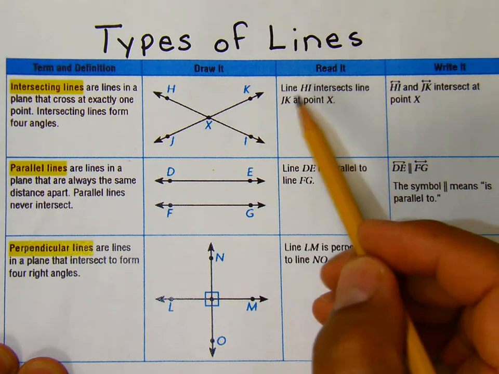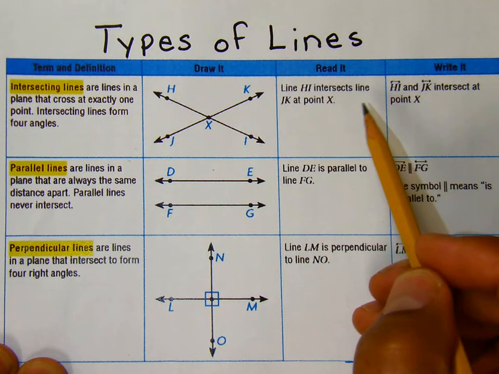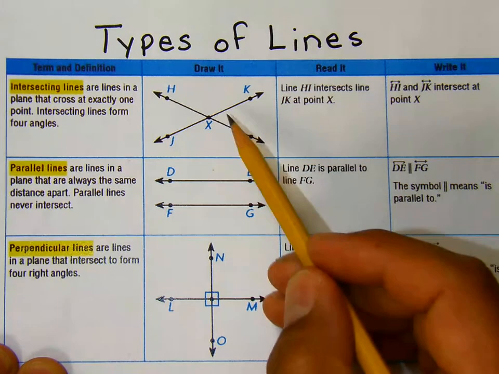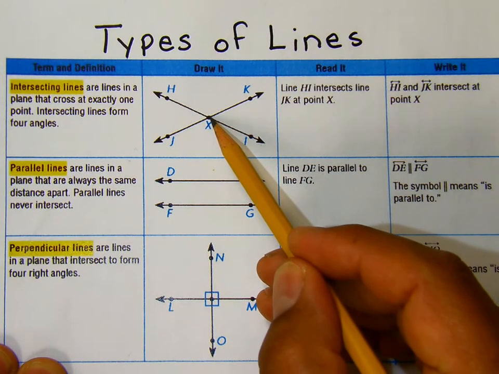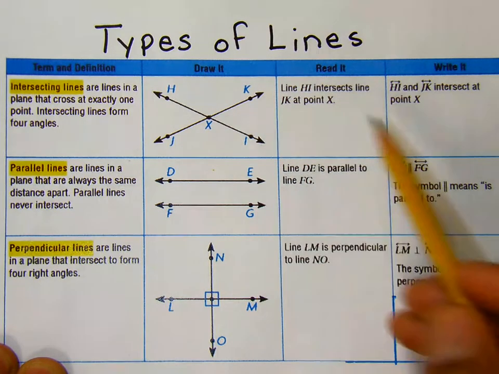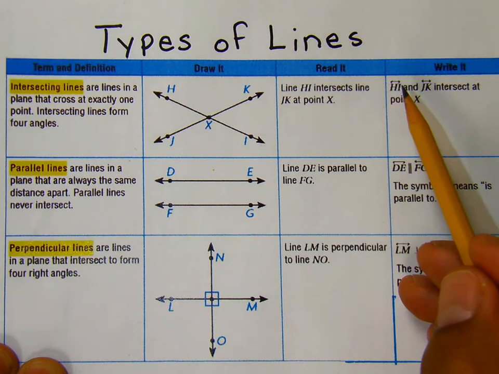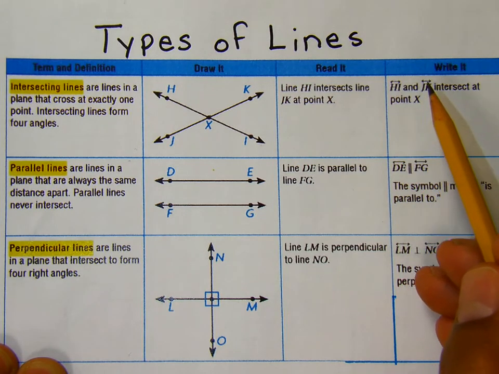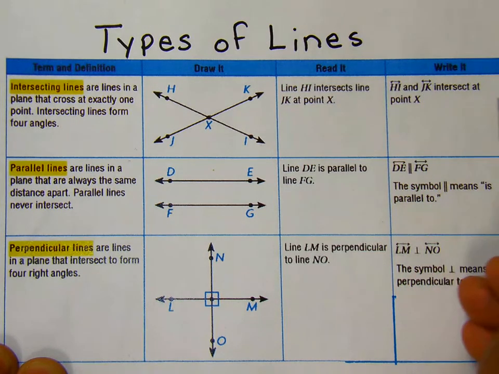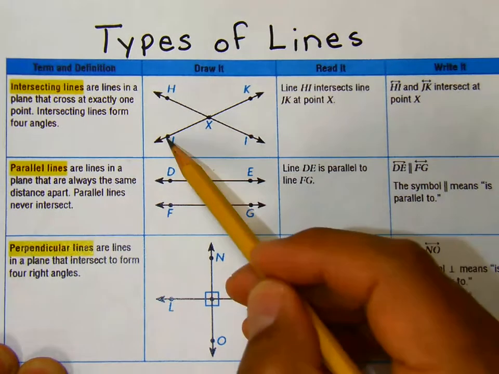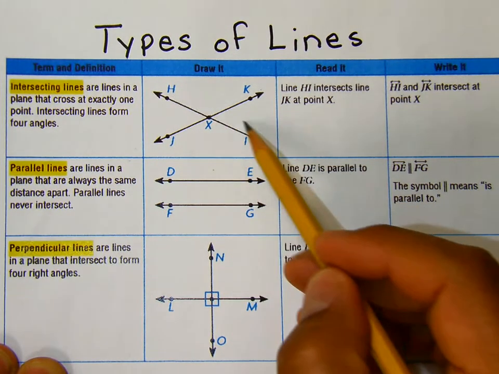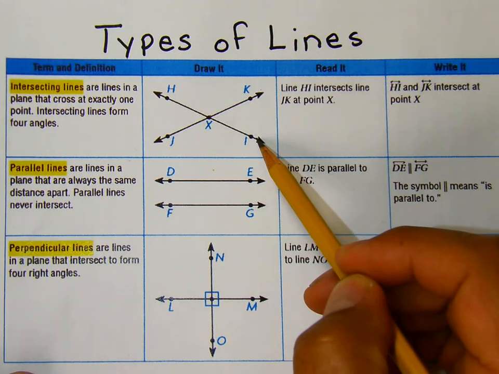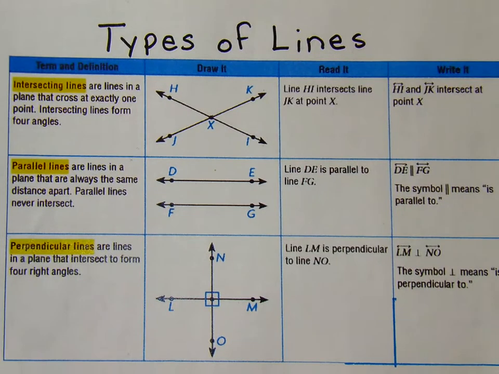So we can read it as line HI intersects line JK at point X. It intersects right at this point, point X. And when we write it, we can write line HI and line JK intersect at point X. So this is line JK and line HI. These are intersecting lines. They cross at one point.